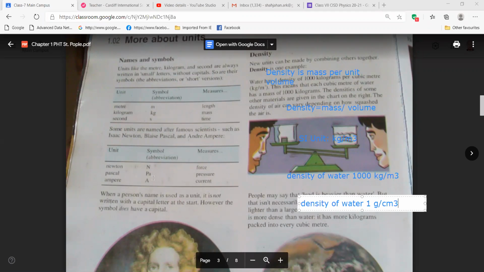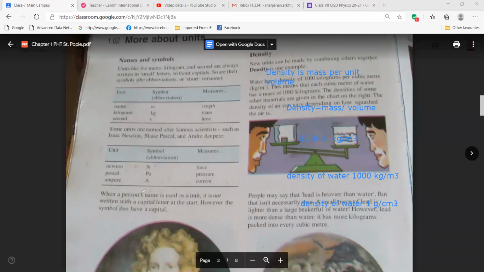And also, we discussed this one, you joined late, that the units named after a scientist we write in capital form when writing in short form. Like Newton, Pascal, ampere.